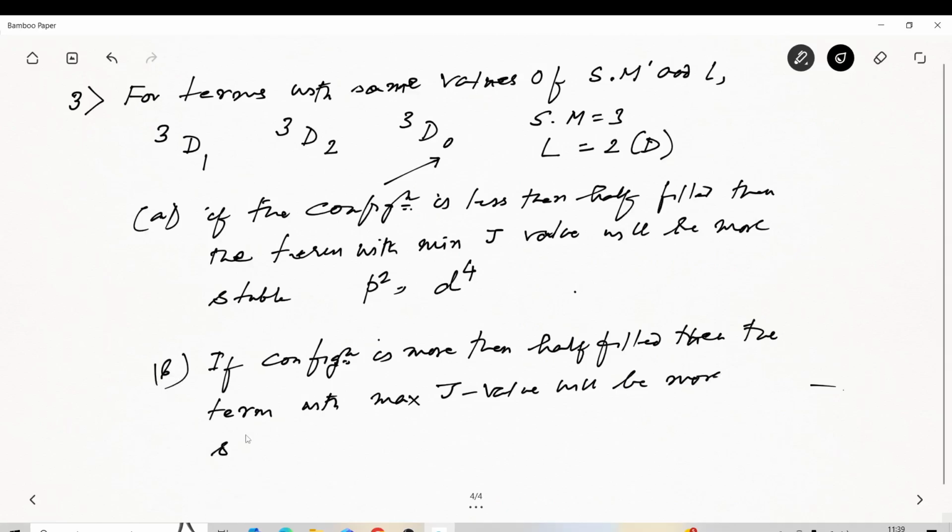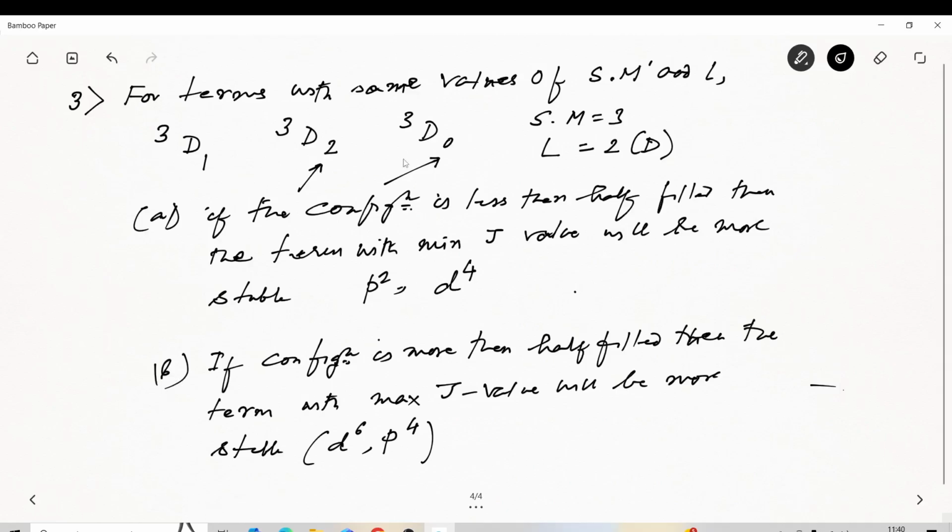For example, d6 or p4, the term with maximum J value will be more stable. So this is the rule. And for half filled configuration, I'll show you. So by using these rules, we have to find out the ground state terms.